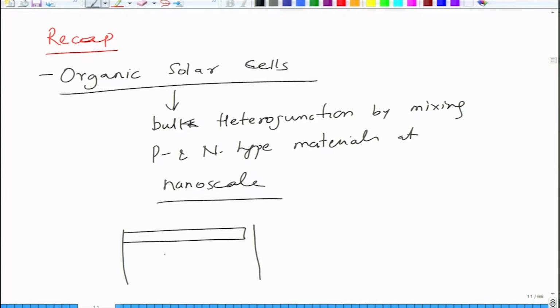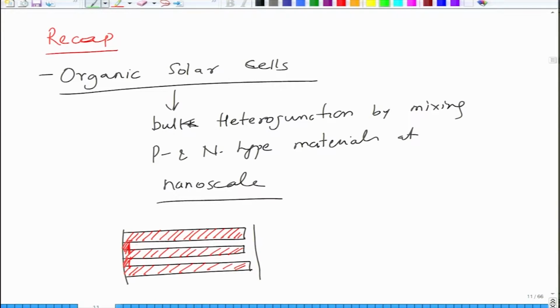So let us say you have these two electrodes, and this is the ideal structure you would like to have, an interpenetrating network. So this is one phase, and this is another phase.